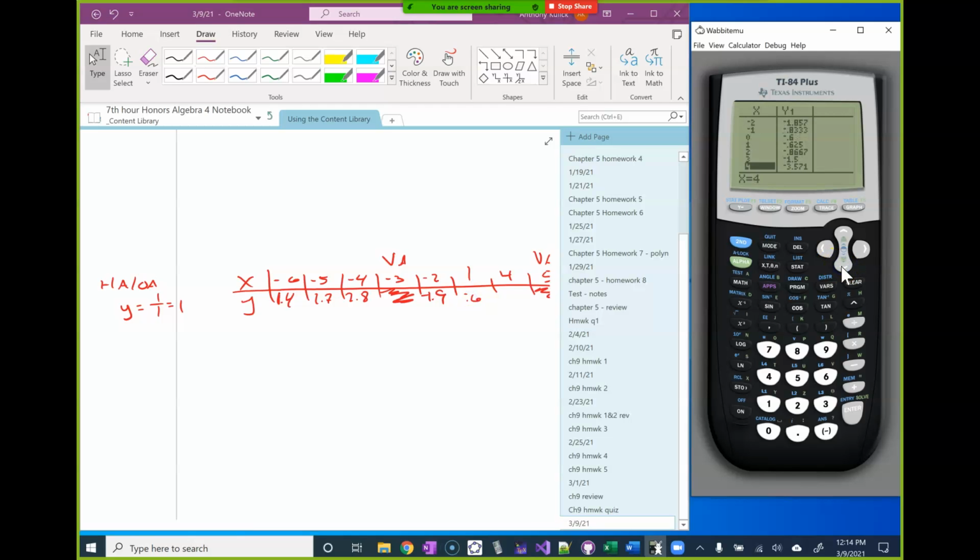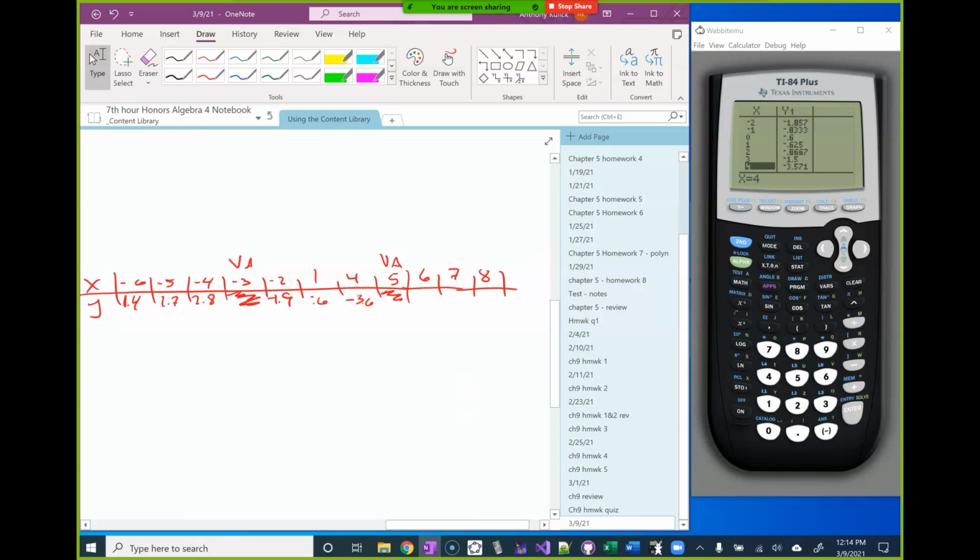So that's -3. I got to scroll down to get to 5, 6, and 7, or 6, 7, and 8. So that's 5, 2.9, and then 2.2. So far, so good.